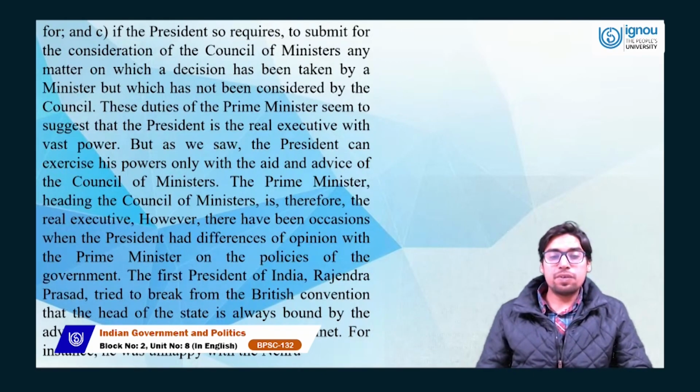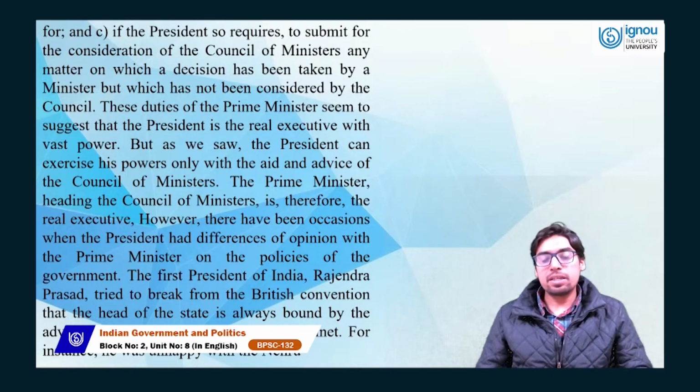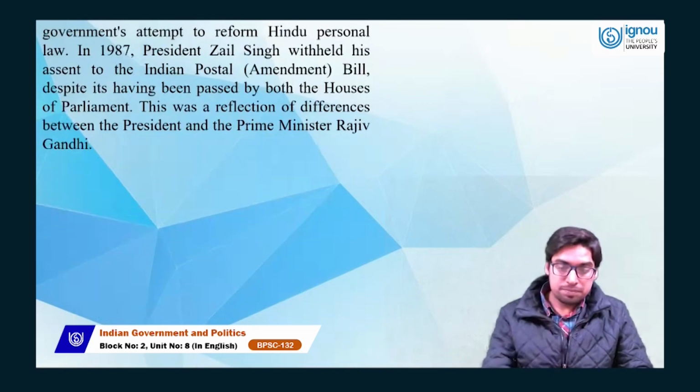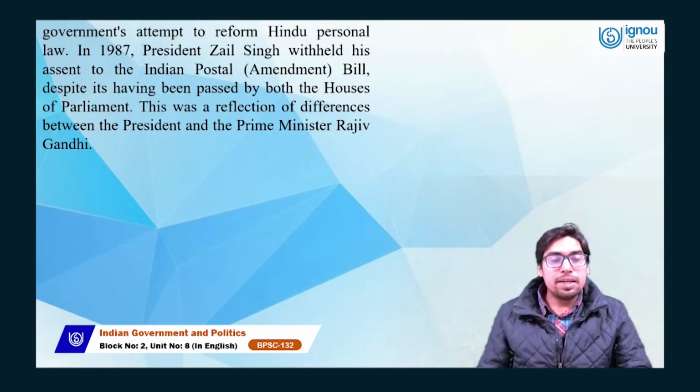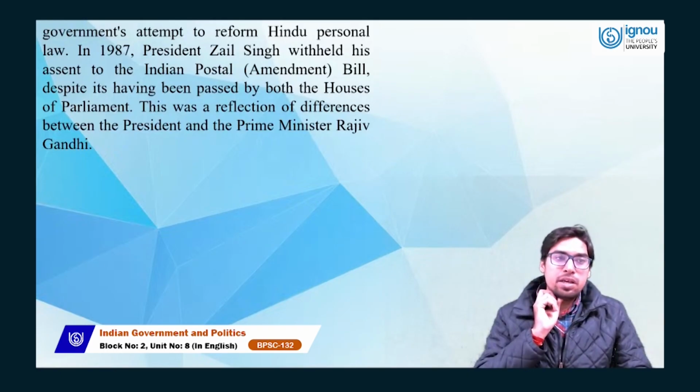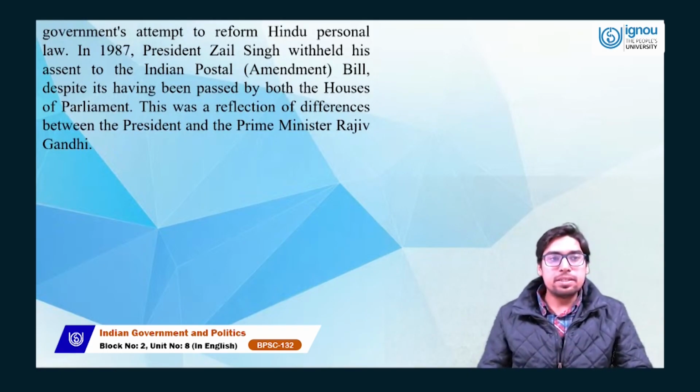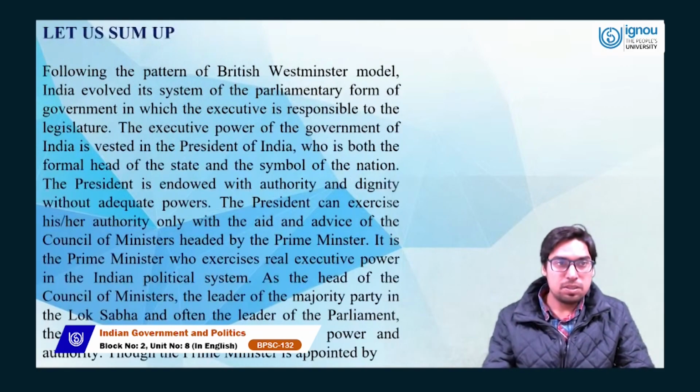The first President of India, Rajendra Prasad, tried to break from the British convention that the head of the state is always bound by the advice of the Prime Minister and the cabinet. In 1987, President Zail Singh withheld his assent to the Indian Post Office Bill despite its having been passed by both houses of parliament. This was a reflection of differences between the President and Prime Minister Rajiv Gandhi.